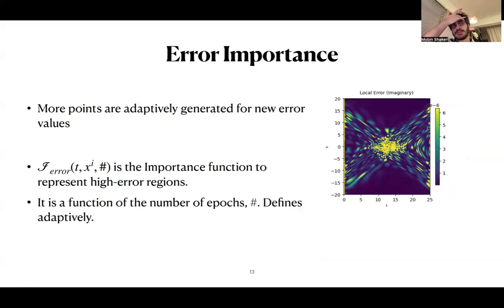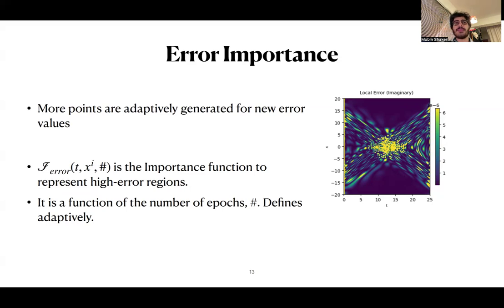Now, another importance field is the error importance field, and this would be the adaptive part of this method. The model continuously evaluates which regions have higher errors as the learning goes on and epochs go forward.